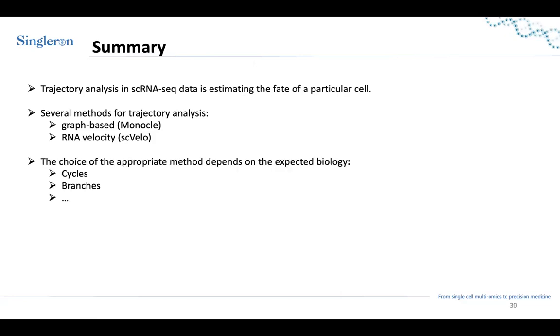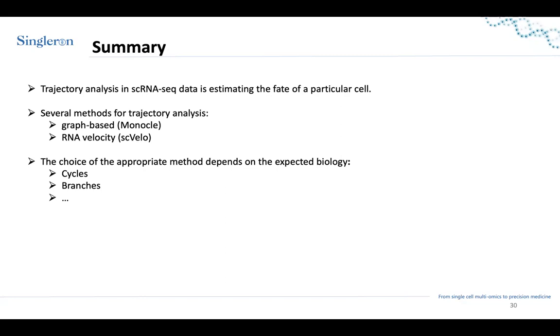Lastly, the choice of the appropriate method that you would like to use for trajectory inference depends on what biology you expect in your case. If you expect to have cell cycles, then you should not use Monocle because you only have branches with Monocle, but you can use RNA velocity.